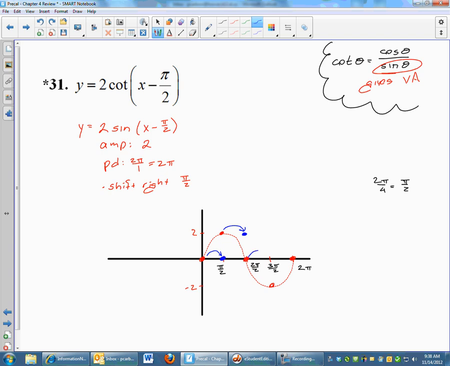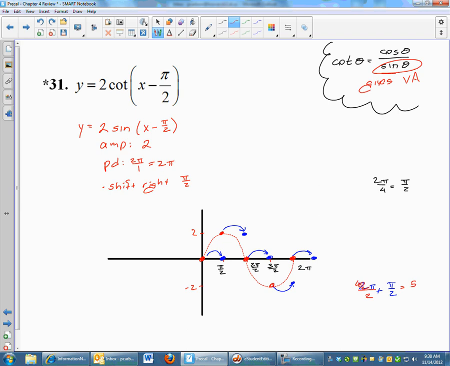This point is going to shift to the right pi over 2. That'll put me at 3 pi over 2. Shift to the right. And this one's going to shift to the right as well. And I do need to find that x-coordinate, so I'll do 2 pi, and I shift it to the right pi over 2. Let's see, 2 over 1 is the same as 4 over 2.